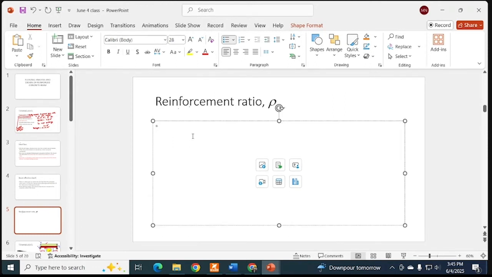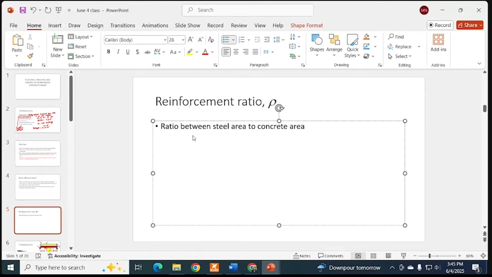It is just a ratio. Basically it's the ratio between steel area to concrete area.